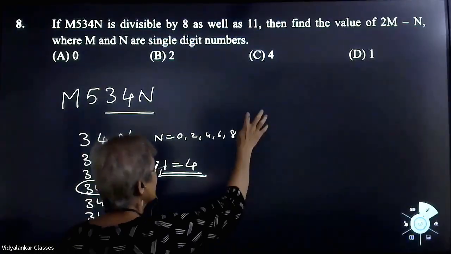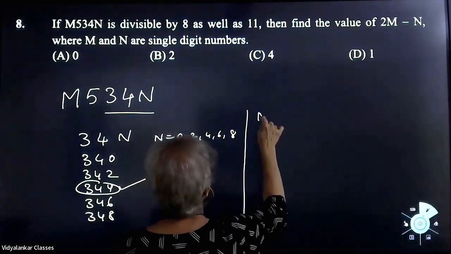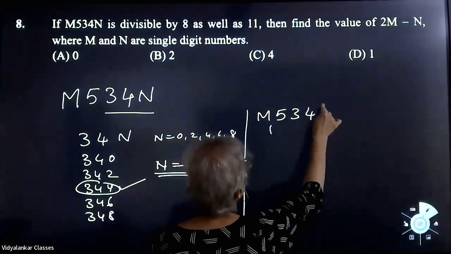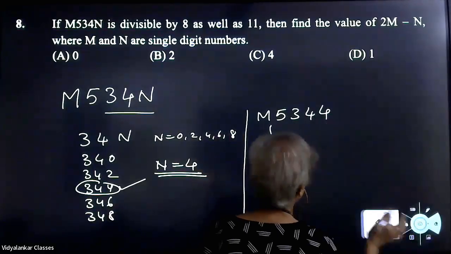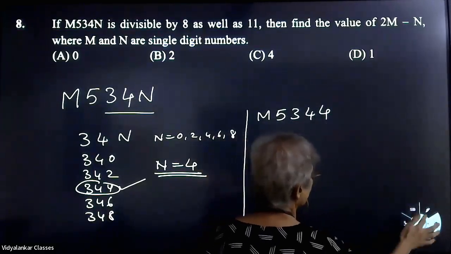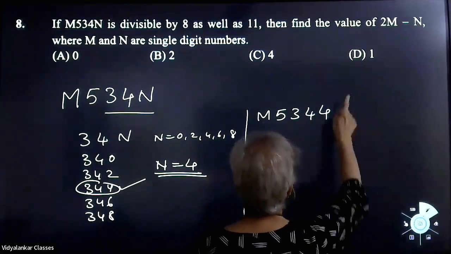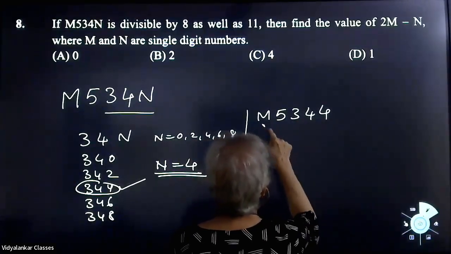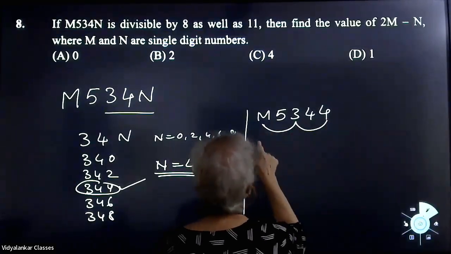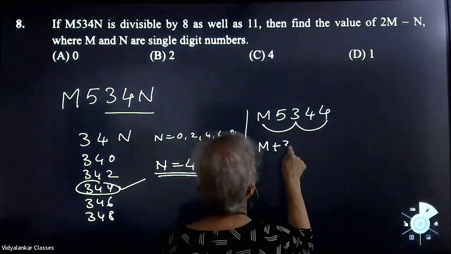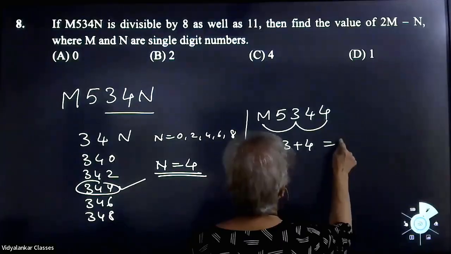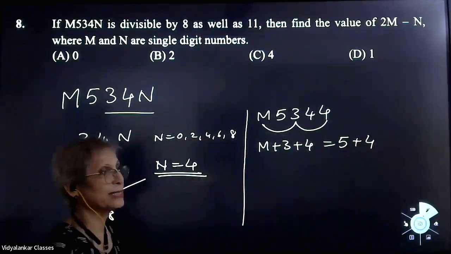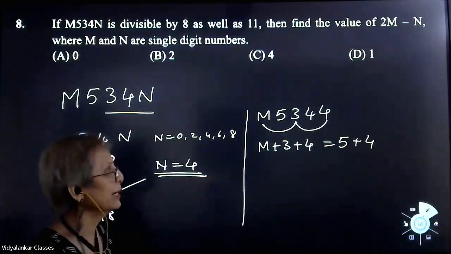Right? So let us write this number here, m5344. And now we have to check for 11, right? n we got. Now let us check this. That is m plus 3 plus 4 equal to 5 plus 4. These alternate digit sums must be the same, then only their difference is 0, right?